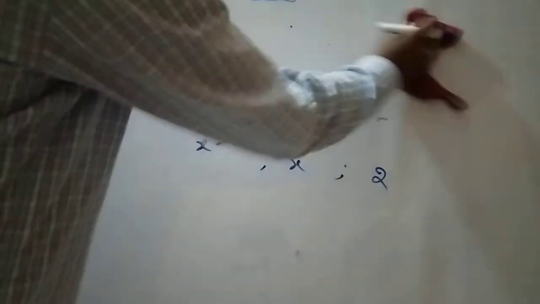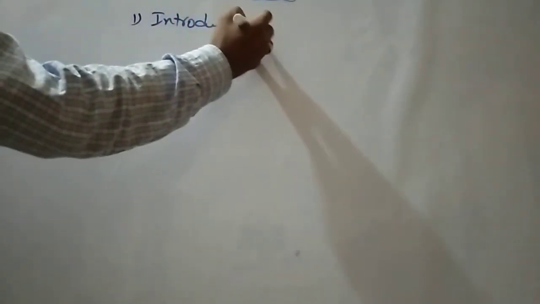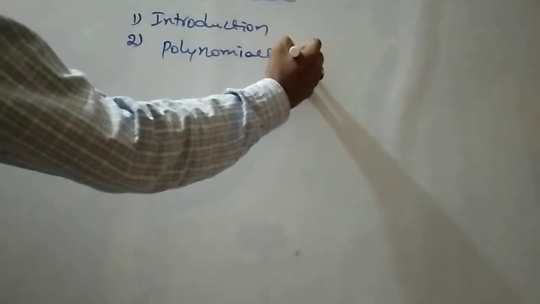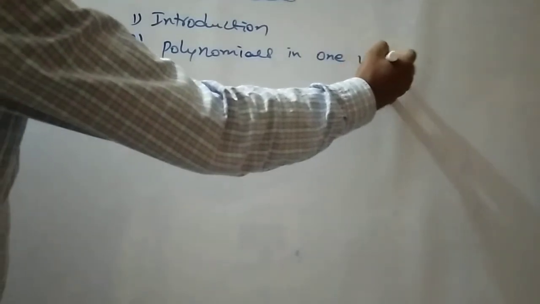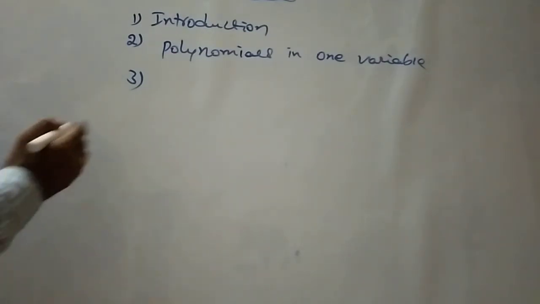Now coming to our chapter, that is polynomials. Today in this class we will discuss the introduction to polynomials. Second is polynomials in one variable. Third is degree of the polynomial.